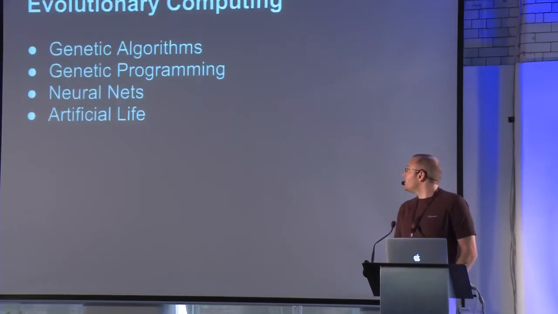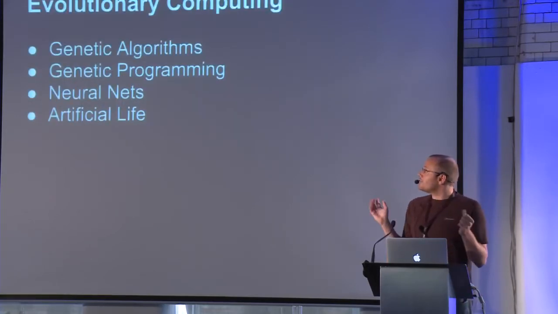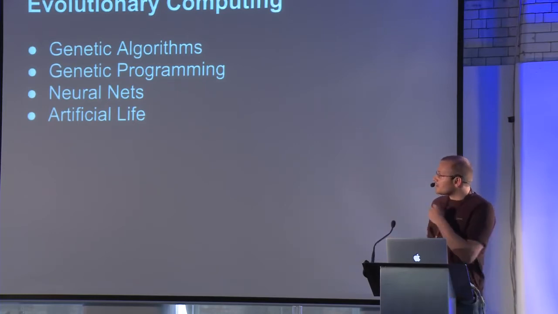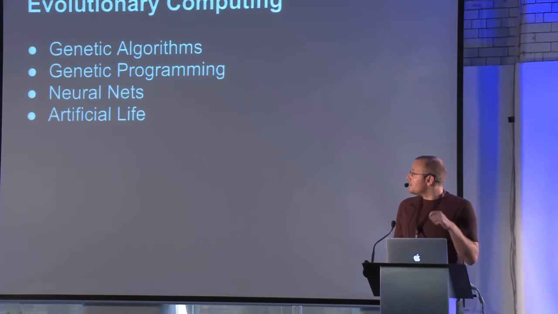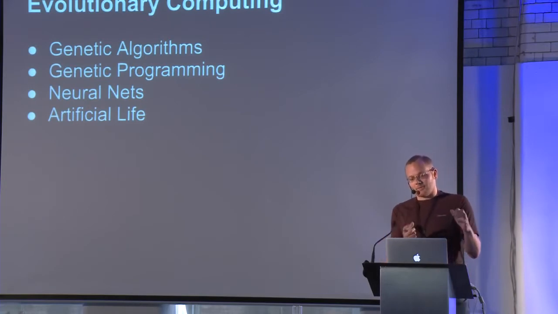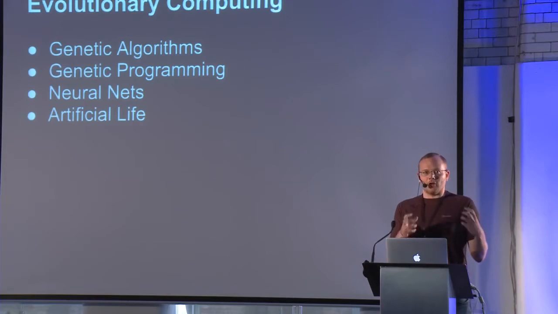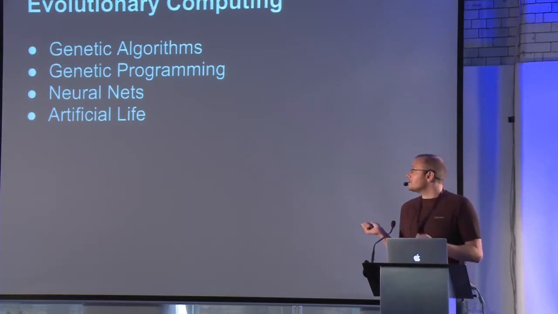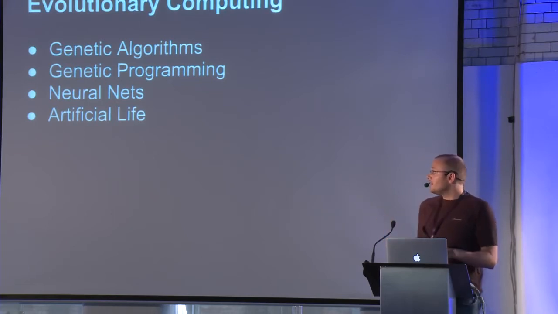So moving on, genetic algorithms are part of a category called evolutionary computing. I'll explain genetic algorithms in a moment. Genetic programming is where you take the syntax tree of a language, most often Lisp, because the syntax is actually quite simple, and you grow and evolve a program to solve a particular problem. Neural nets are, again, biologically inspired.